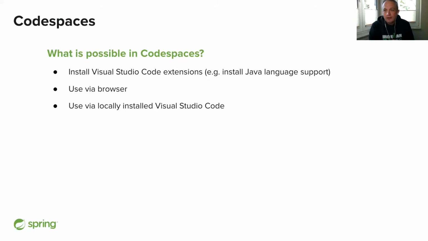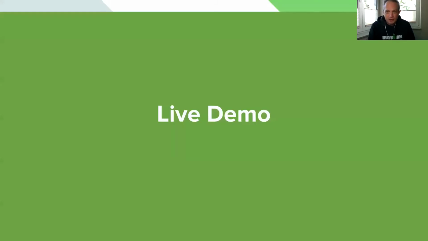So it feels like you're working on a locally installed Visual Studio Code, your desktop application. But it is connected and using all the cloud resources behind the scenes as a second option to access your Codespace. That is what I think is really nice. And we will see that in action as well.